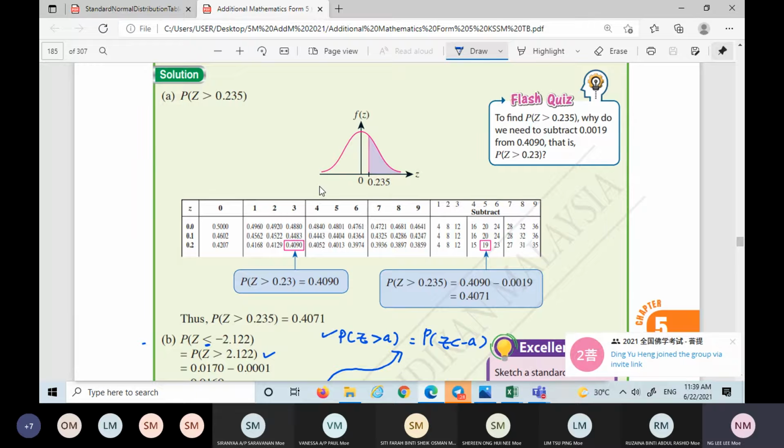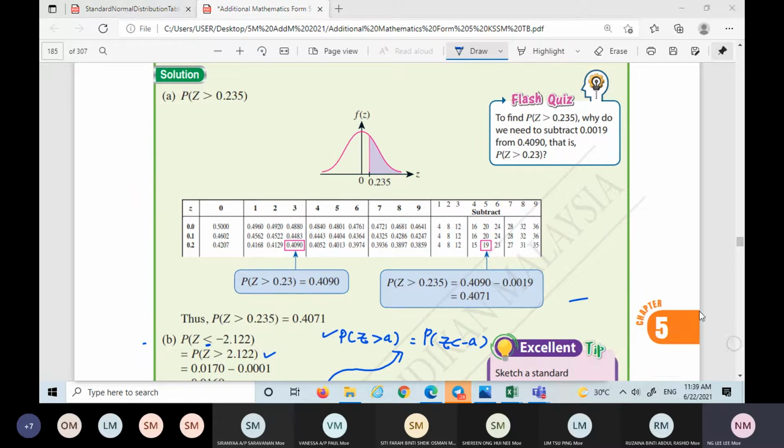Still remember that the probability is the same as the area under the curve. So after you find from the table, the answer is this. Remember this, the answer is the value inside.